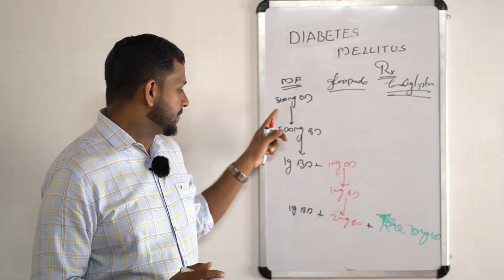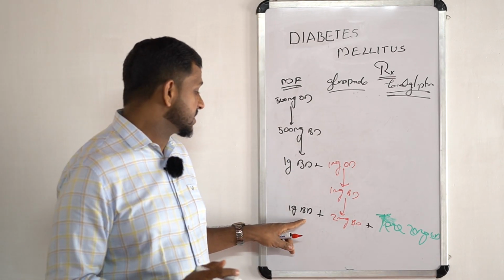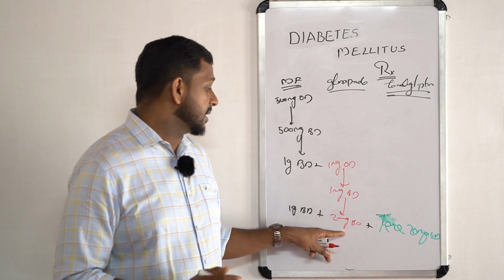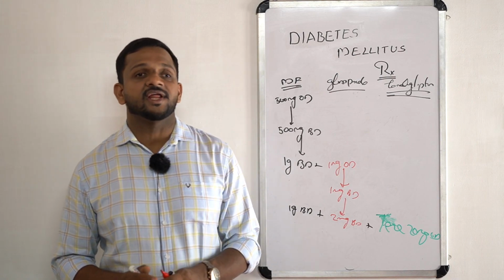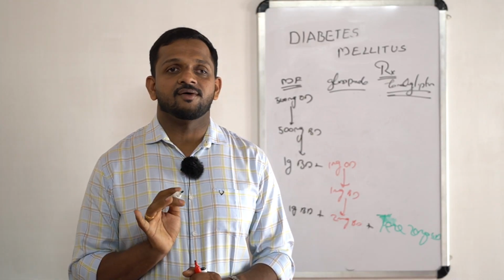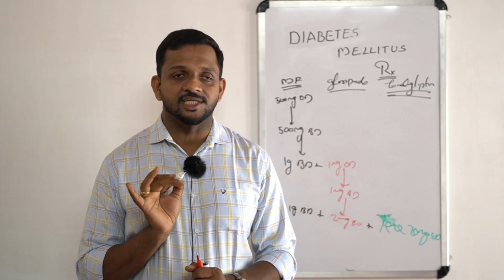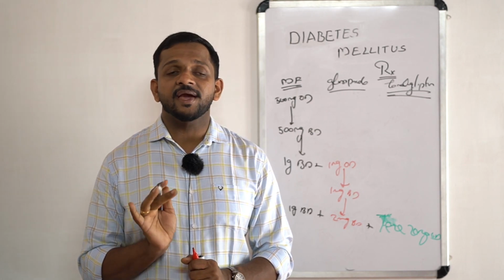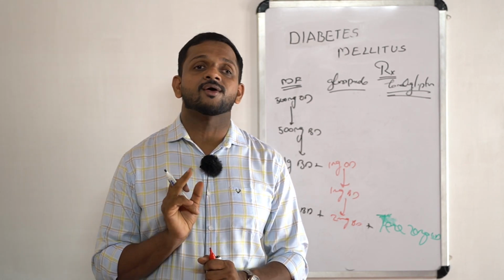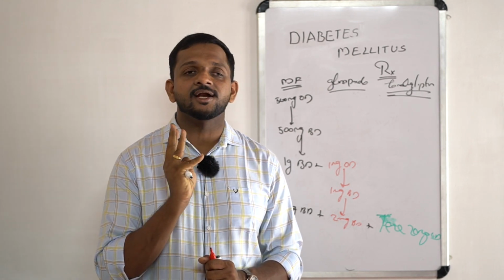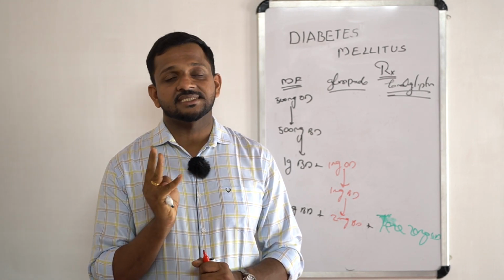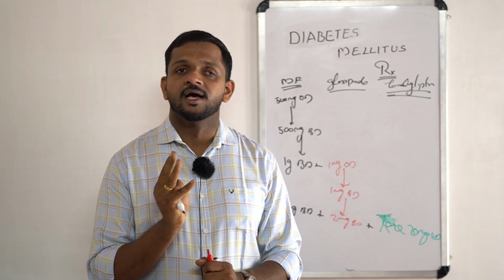So, if that patient's sugar levels are not controlled with 1 gram BD of metformin, 2 mg BD of glimepiride, and 20 mg OD of 10 mg, we have to use our wonder drug, that is insulin. If one patient's sugars are not controlled with 3 OHAs in maximum tolerated dose, we should go to insulin.